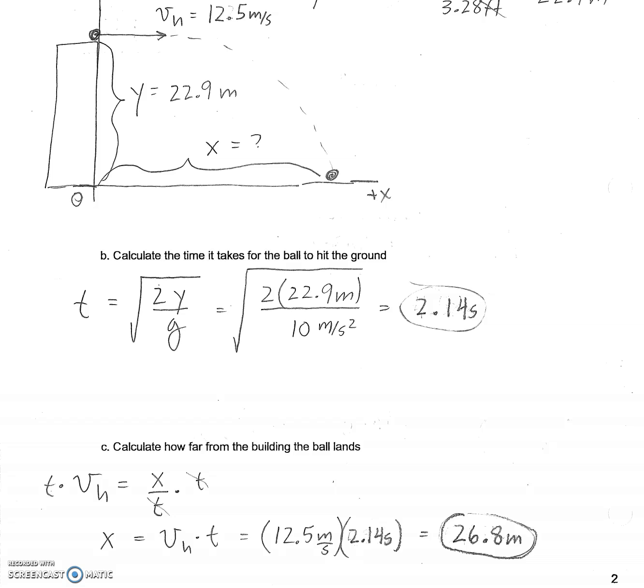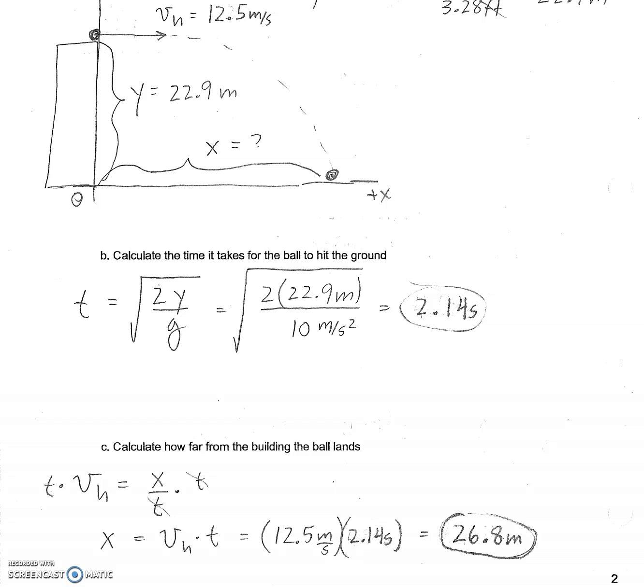We're going to plug in 22.9 meters for our vertical distance. We're going to plug in 10 meters per second squared for g. We're going to take 2 times 22.9, divide it by 10, take the square root, and that's going to give us 2.14 seconds. So we know how long it's going to take our ball to hit the ground.